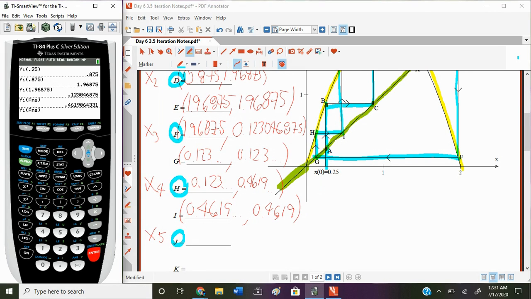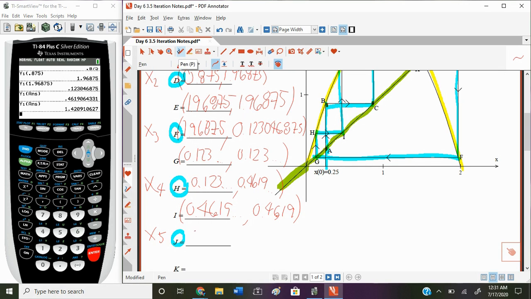So now I'm going to do what happens when I substitute the previous answer of 0.4619 and so on into the function y1. As a reminder, y1 is from this menu, and you can put in many different equations. There's a y2, y3, but we just have one in there, so that's y1. Go back to that.